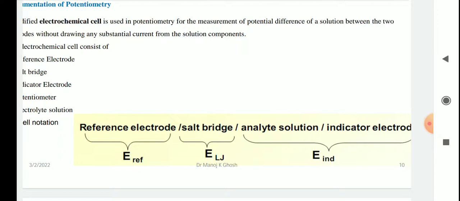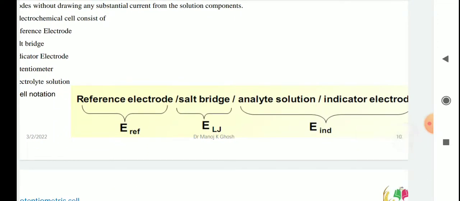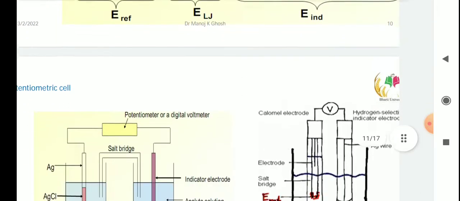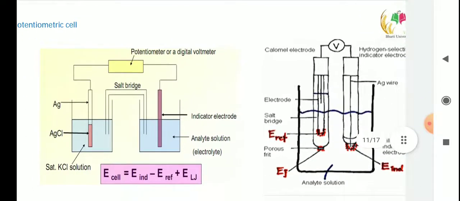The electrochemical cell consists of a reference electrode denoted by the symbol E reference, a salt bridge denoted by E LJ, the analyte solution, and the indicator electrode denoted by the symbol E IND, indicator.